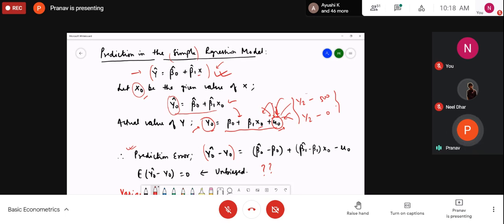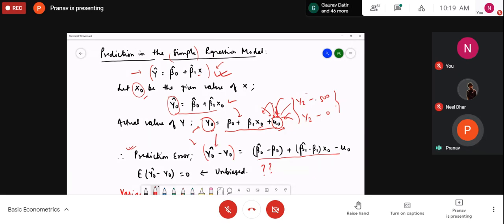So inferences are easier to draw, which is why we assume errors in this form.